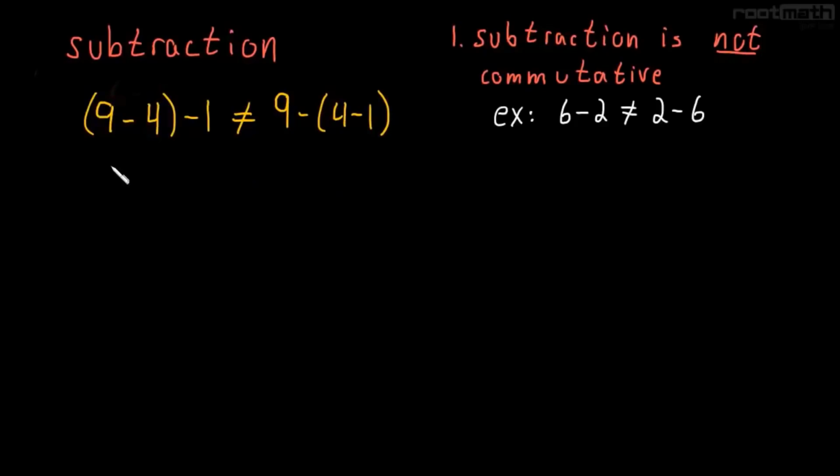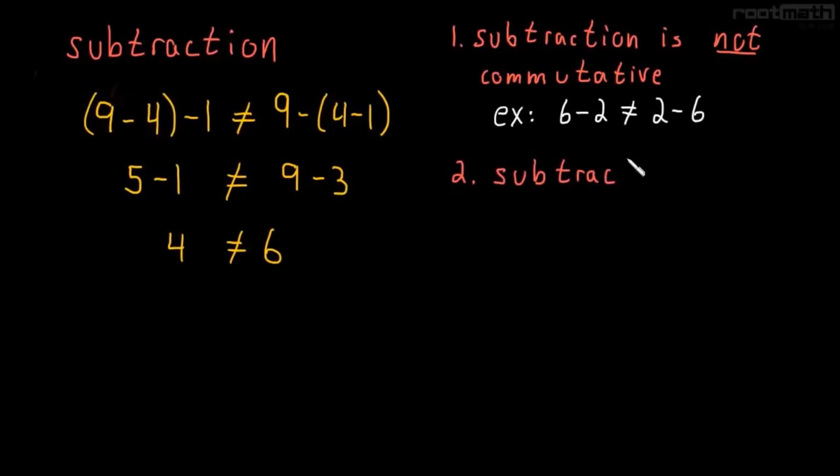And we can go through this just to prove it to ourselves. 9 minus 4 is 5 minus 1. And then on the other side we have 9. Well, 4 minus 1 is 3, so 9 minus 3. Those are not equal because 5 minus 1 is 4, and 9 minus 3 is 6. So subtraction is not associative.